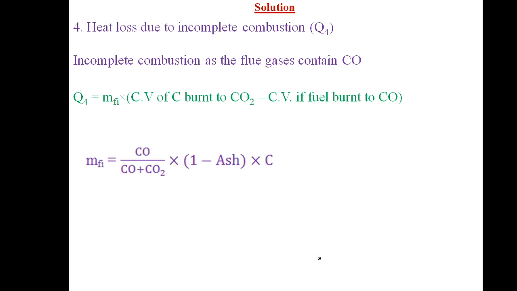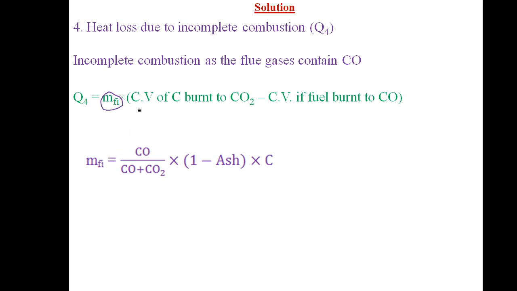Then heat loss due to incomplete combustion. Instead of burning fuel into carbon dioxide, if it burns into carbon monoxide, then heat is lost due to incomplete combustion. The mass of fuel burned incompletely is MF1.